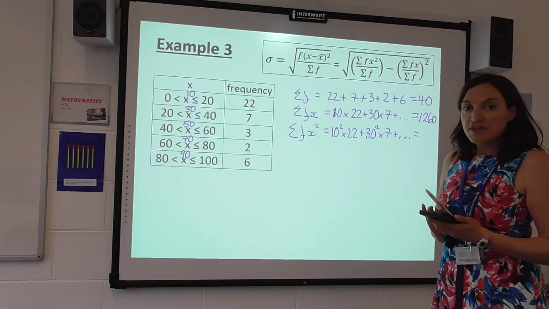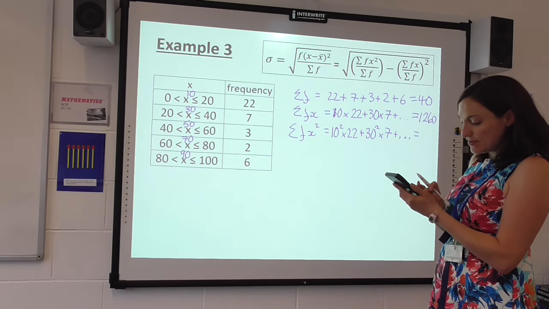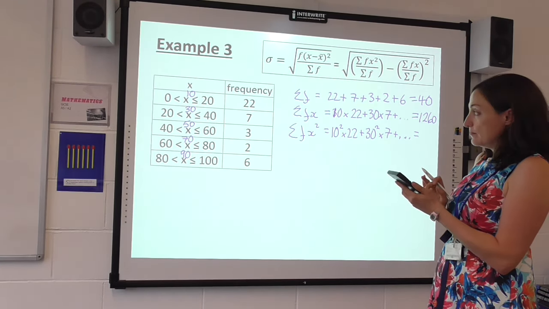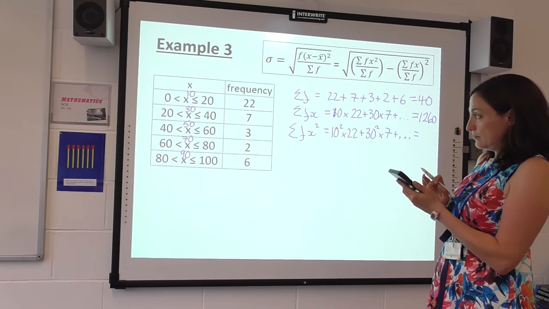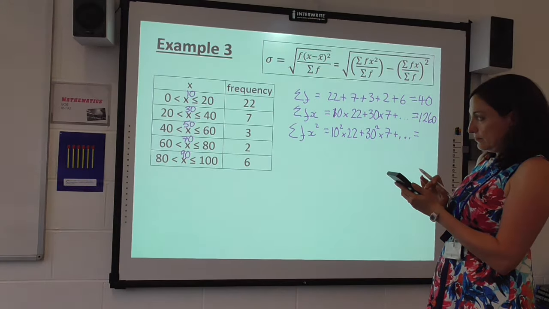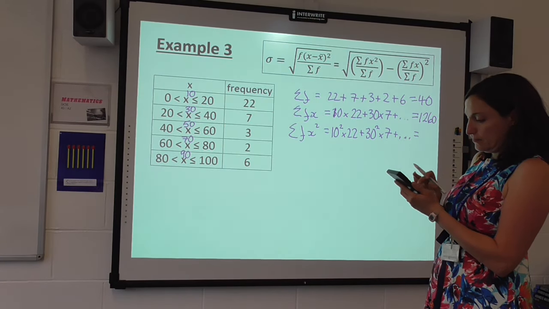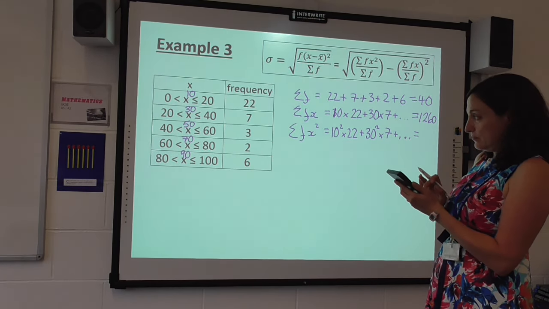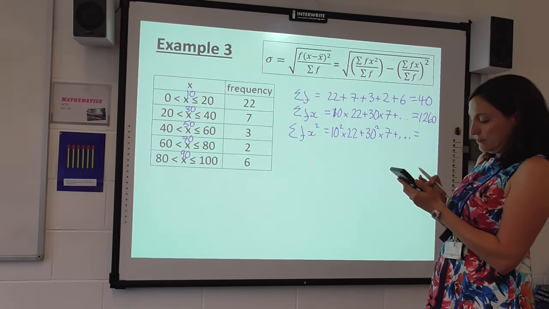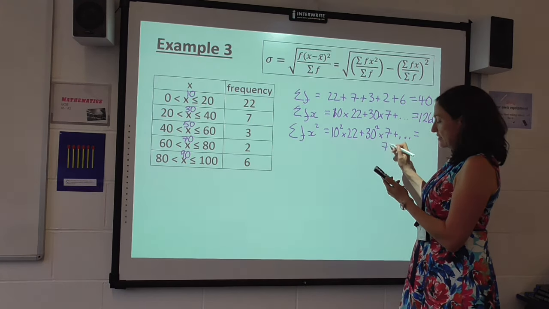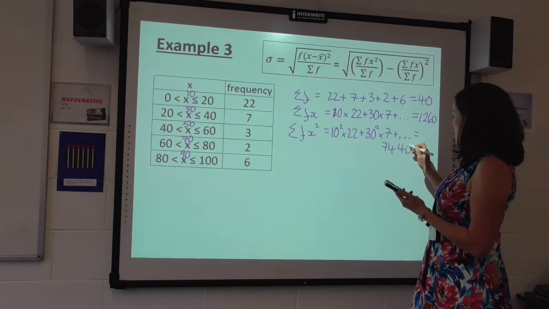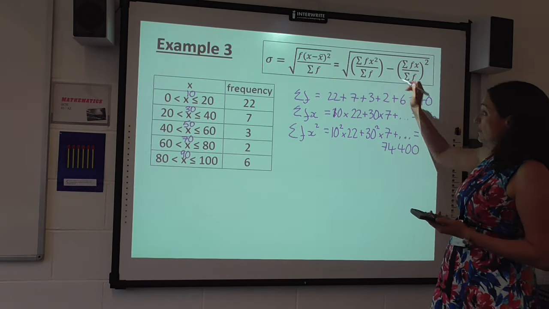The total of all the x squared values is 74,400. And then we just substitute in.